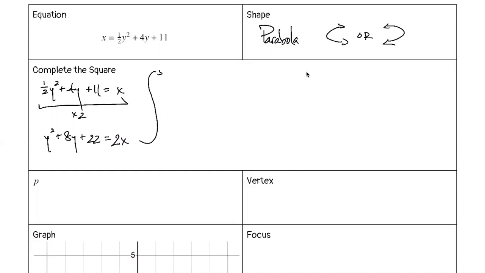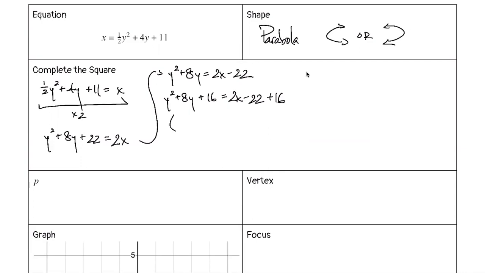Now we can complete the square like before. I'm going to keep the y squared plus 8y. I'm going to move that 22 to the other side. Now our b value is 8. So 8 cut in half is 4. 4 squared is 16. Keep it balanced, plus 16.